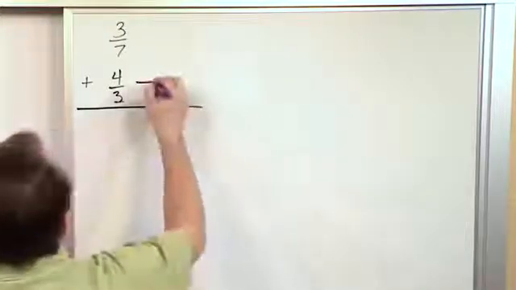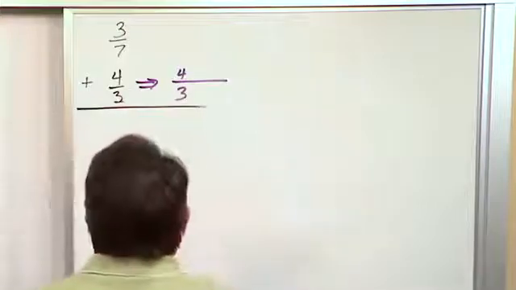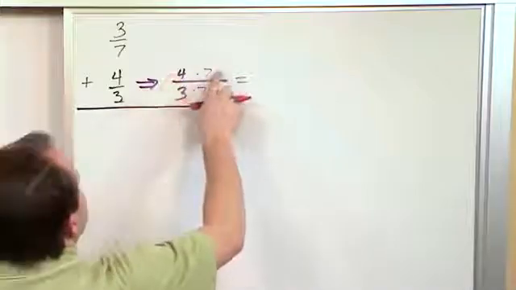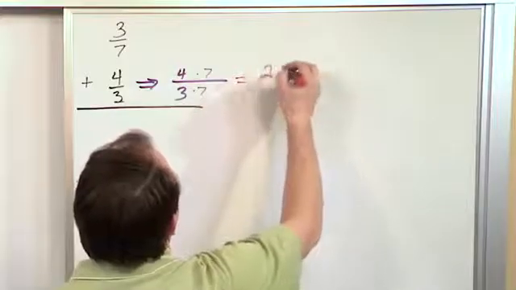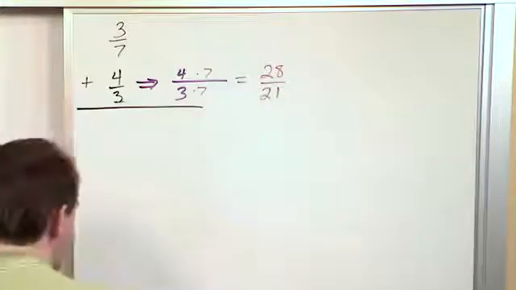All right, and so what I do over here is I take the 4/3, and then I say, well, I'm going to multiply top and bottom by 7, and that's going to give me 7 times 4 on the top is 28, and 3 times 7 is going to give me 21 on the bottom.